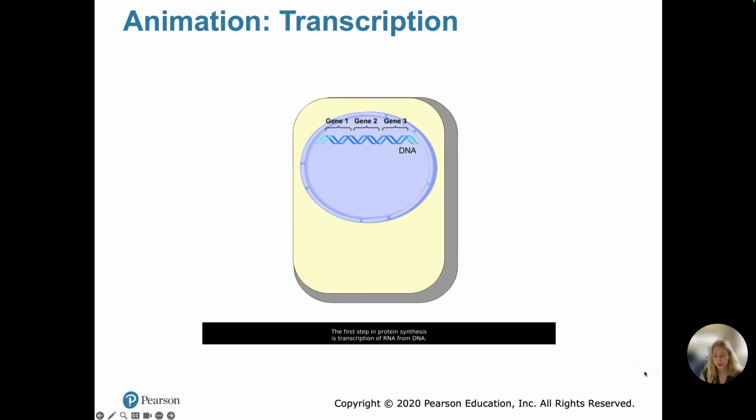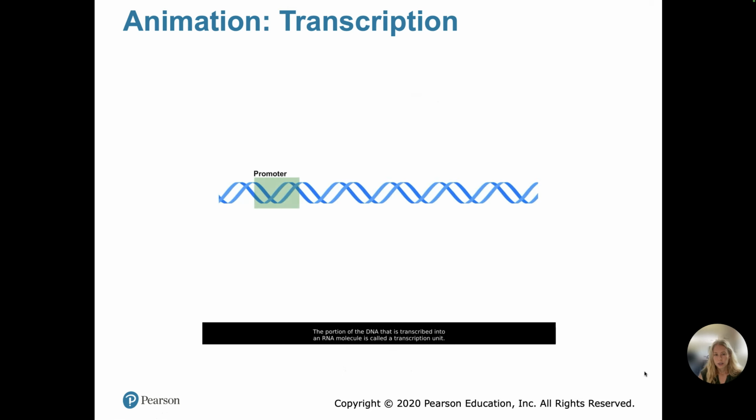The first step in protein synthesis is transcription of RNA from DNA. The portion of the DNA that's transcribed into an RNA molecule is called a transcription unit. An enzyme called RNA polymerase carries out transcription. With the help of protein transcription factors, it attaches to the beginning of a region of the DNA called the promoter, pries the DNA strands apart, and untwists a short portion of the double helix.